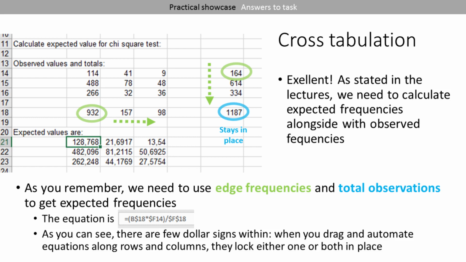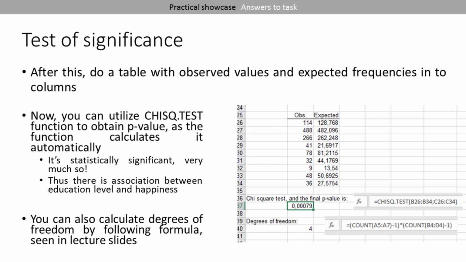It's totally automated that way. So now we have the expected frequencies here. So we have to put them in a column form. So let's put the observed frequencies and expected frequencies nicely together here, like this, in one column each.